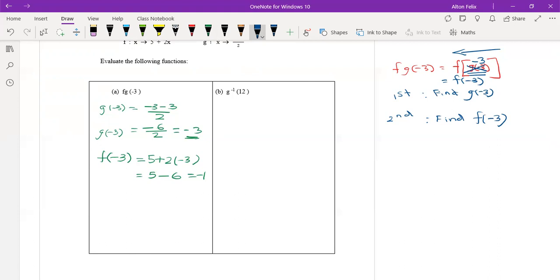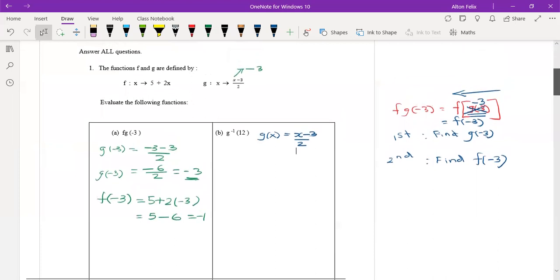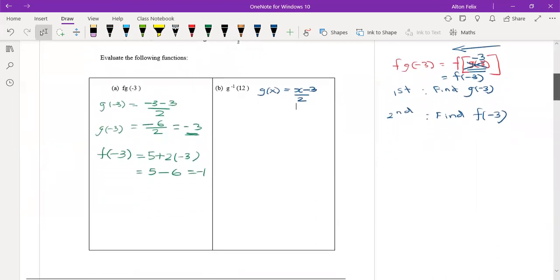So we have our g of x function, and this g of x function is x -3 divided by 2. Right, so that is given in our question above there, x -3 divided by 2.